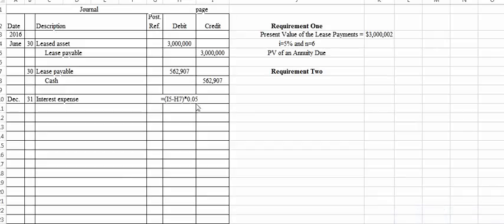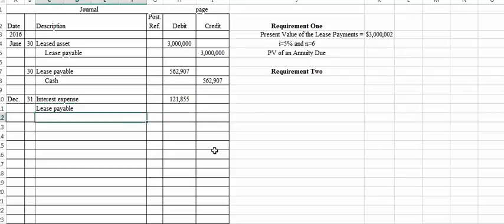You get your interest expense for that 6-month period, $121,855. Okay, we'll debit lease payable as well to reduce its balance.